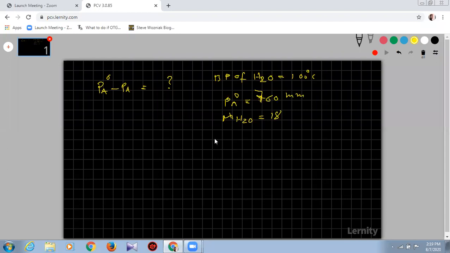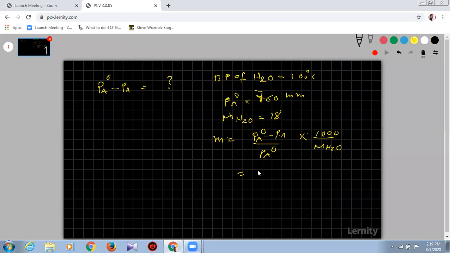So molality is equal to XB by (1 minus XB) into 1000 by MA. Instead of XB, I can write (PA naught minus PA) by PA naught into 1000 by the molecular weight of the solvent.